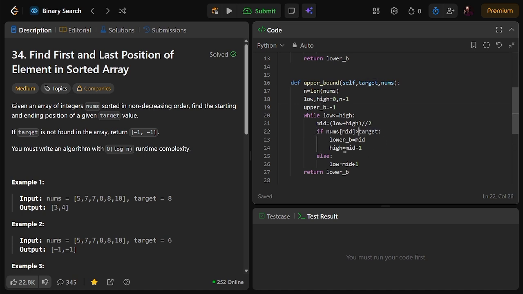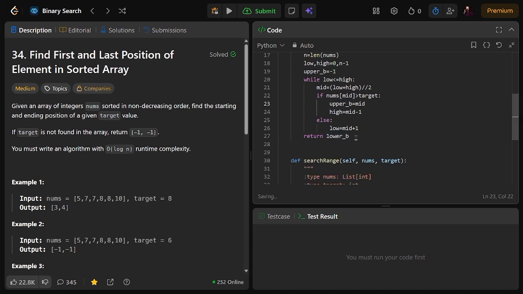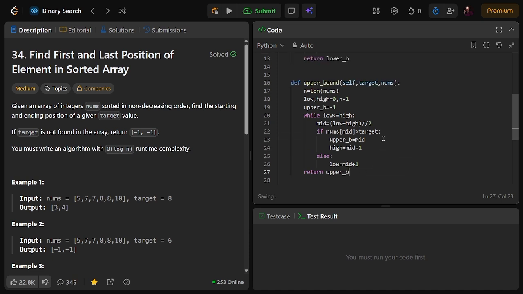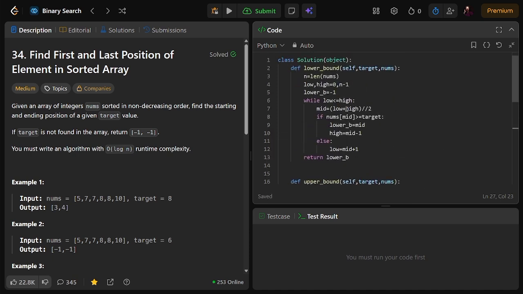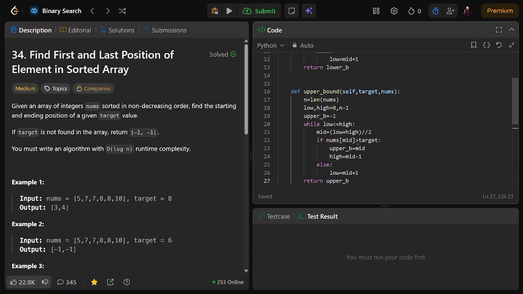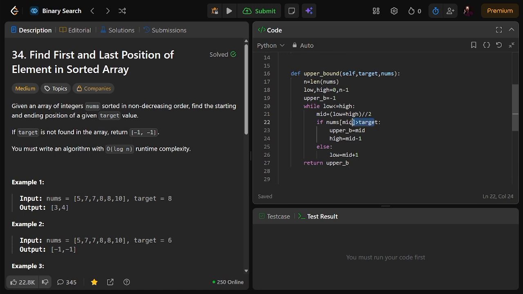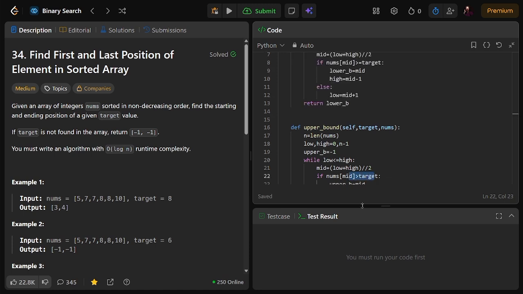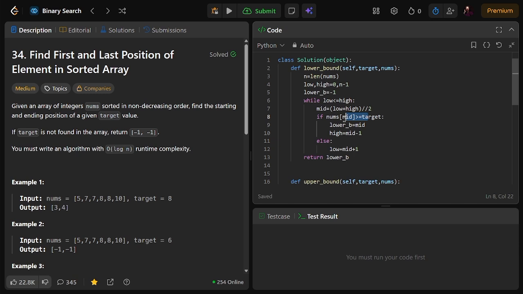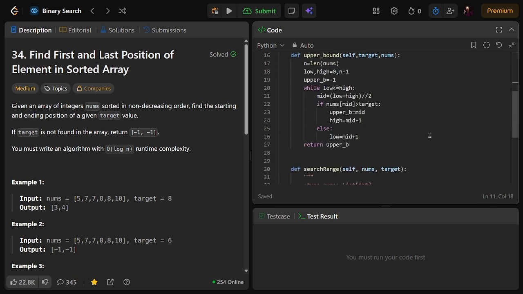Here we have to change this variable to upper, and here return upper bound. So now you're going to see everything is the same. The difference is that here we write strictly greater than, and there it is greater than or equal to. Otherwise everything is the same.